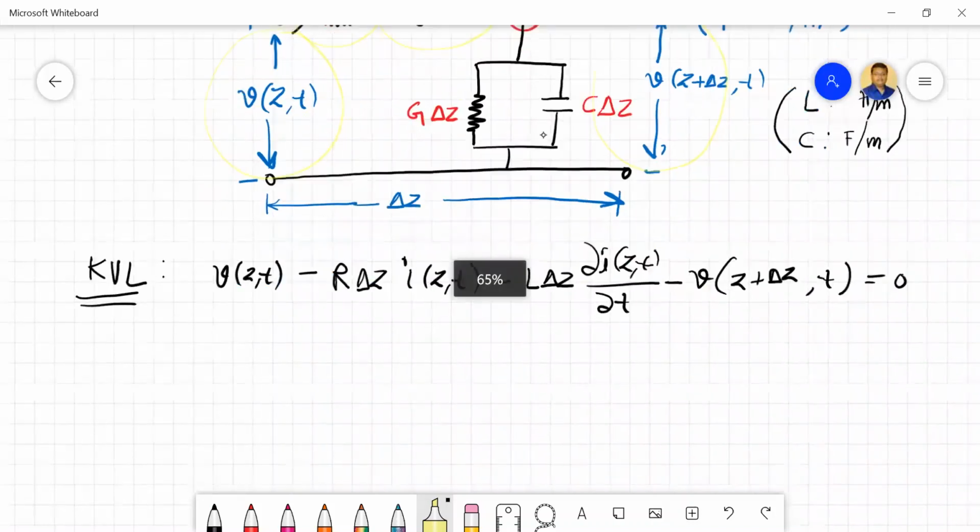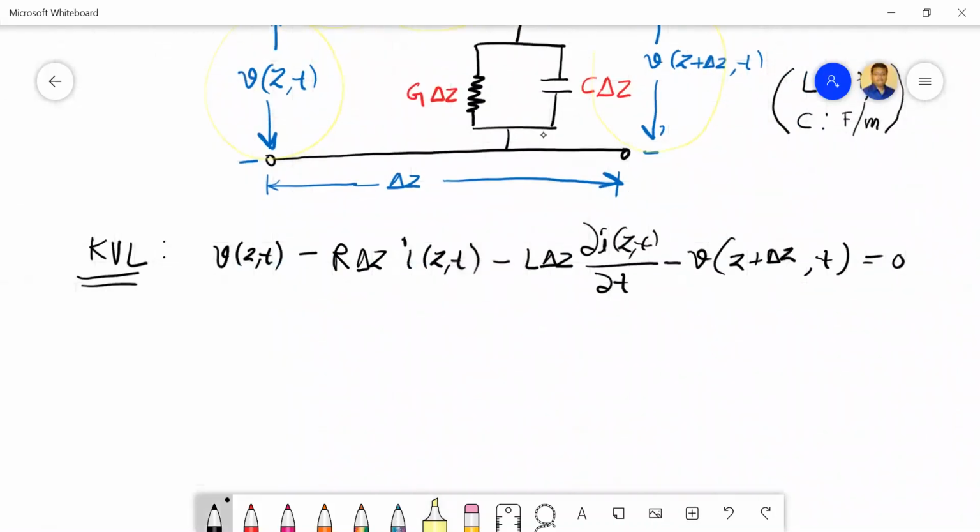So we accommodated all the things in this equation. Now what we need to do further is rearrange this equation, and I'll write some of the intermediate terms.